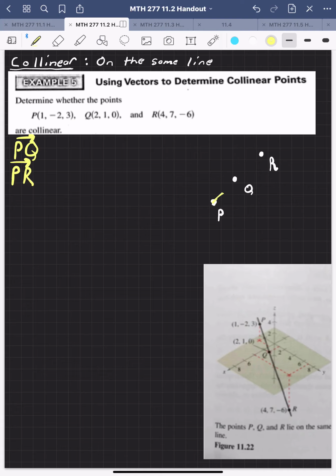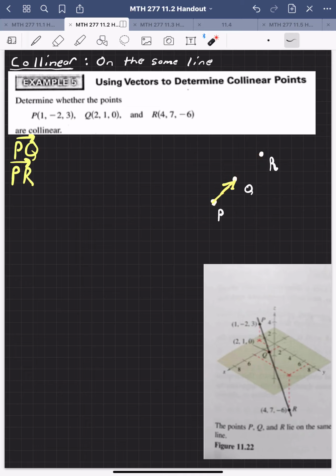If we have a vector from P to Q, and indeed they are collinear, then I should be able to scale this vector and get it all the way out from P to R. I should be able to multiply it by something to move it all the way out to P to R. And that alone is enough to tell me that they're scalar multiples. They are parallel, and therefore they reside on the same line.